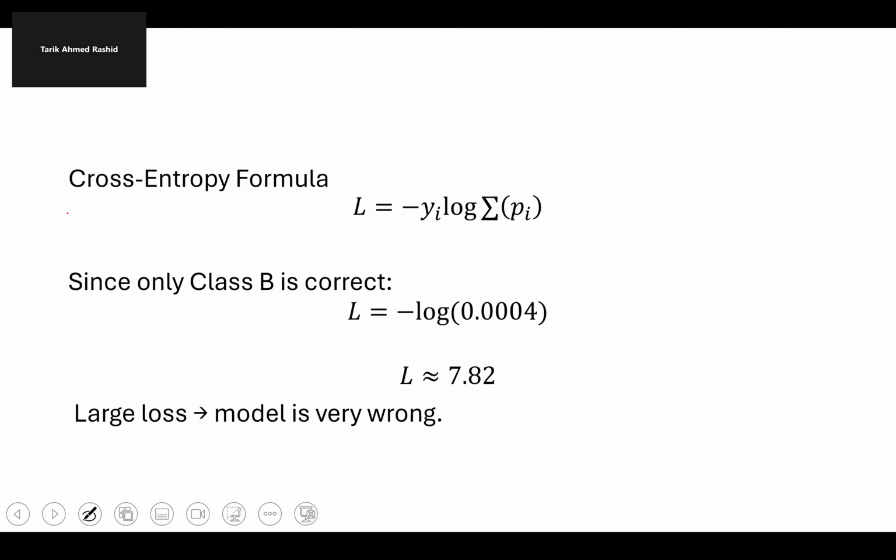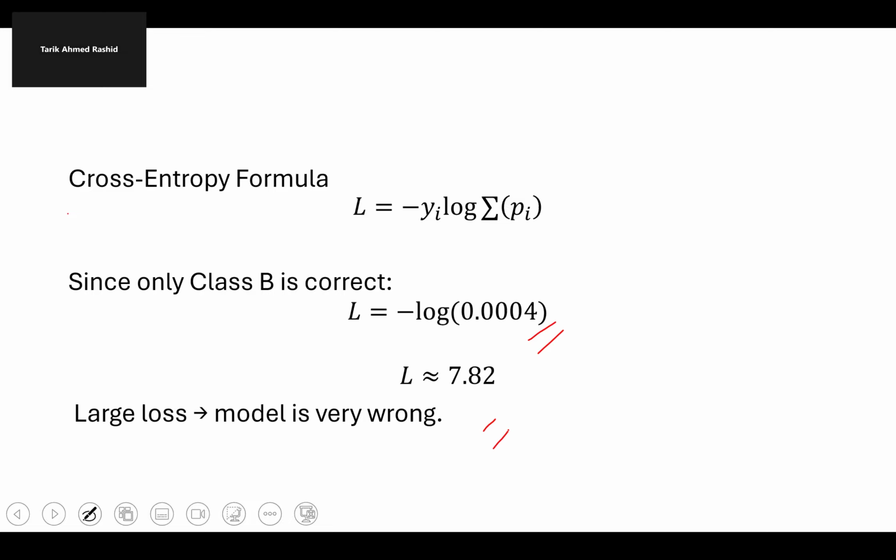In this case, because only class B is correct, we put the class B probability there, and Y is the target of B.